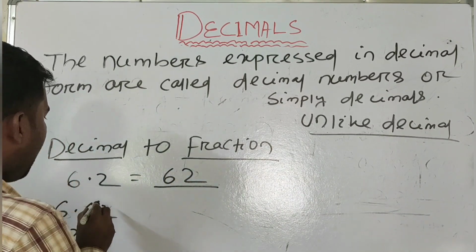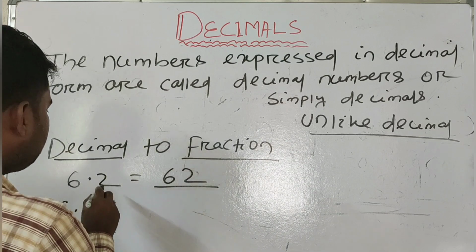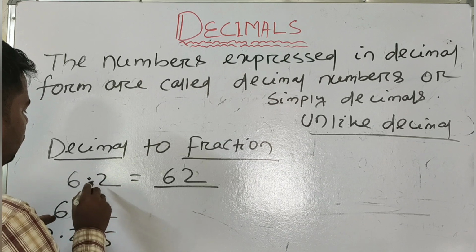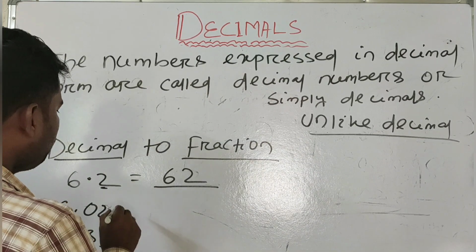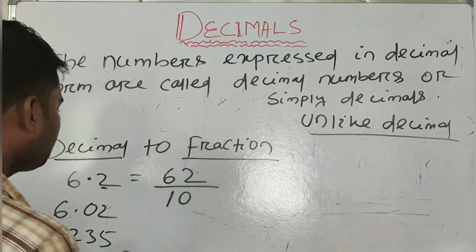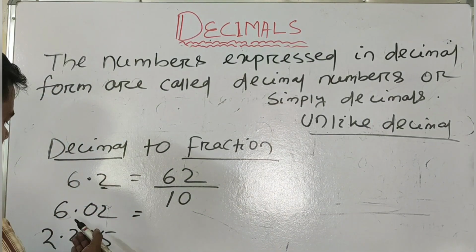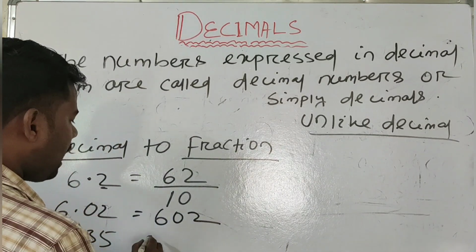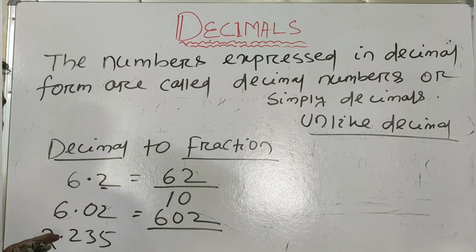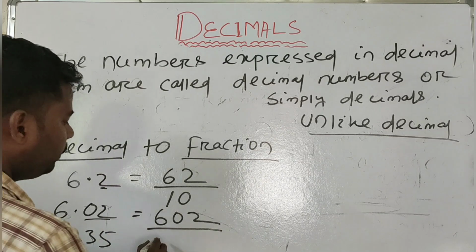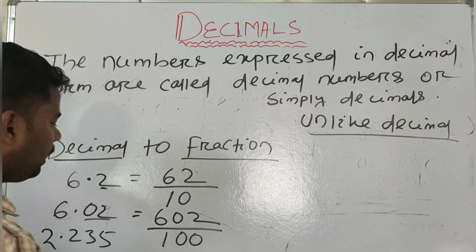And how many digits are present after the decimal point? From the right, 1. So we put 1 zero in 10. And this one: ignore the decimal point and write that number, 602. How many digits are after the decimal point? 2 digits. So we put 100 in the denominator.